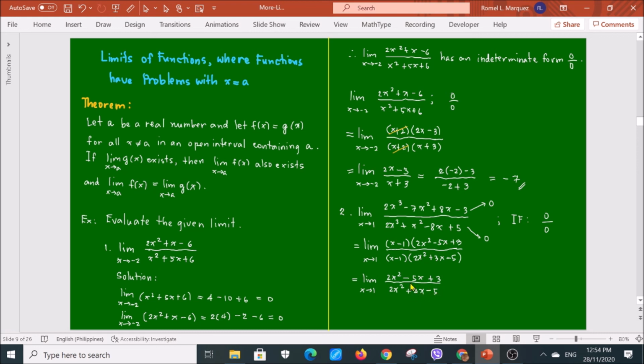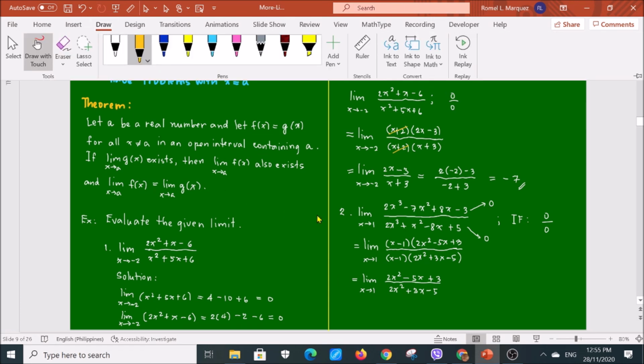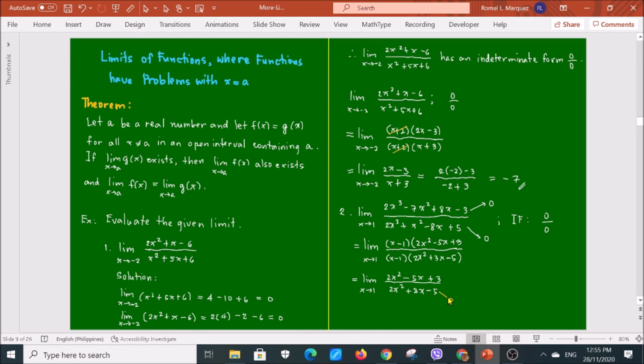You have to check the status of the denominator. Let's see if this is not 0 anymore. 2 times 1 plus 3 minus 5. Again, it's 0, so you cannot apply the substitution rule immediately. The numerator is 2 minus 5, negative 3 plus 3, so 0 also. Again, indeterminate form.